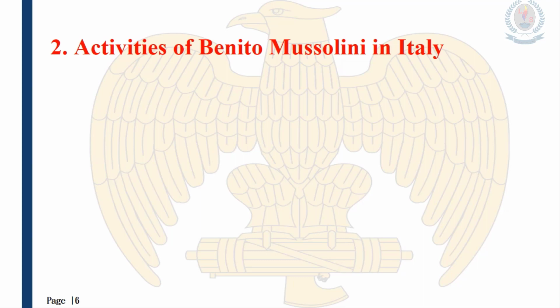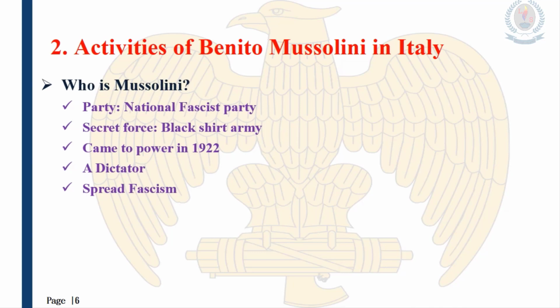Benito Mussolini exploited this situation and captured political power through the fascist political party in 1922. He also had a secret force called the Black Shirt Army. And like Hitler did, he also started a dictatorship in Italy.